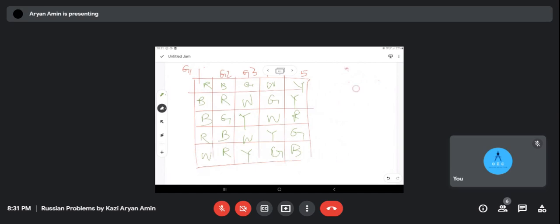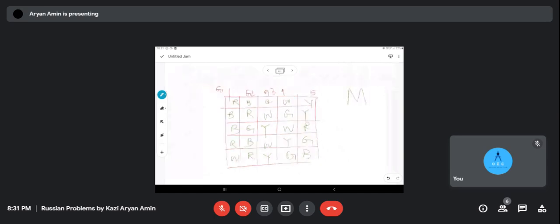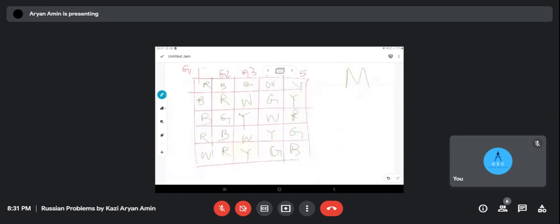Suppose the board hence obtained is called M, just a name. Note that what we want is every column to have distinct entries in terms of colors, right? What we have right now is every row has distinct entries in terms of colors. So what does that motivate?